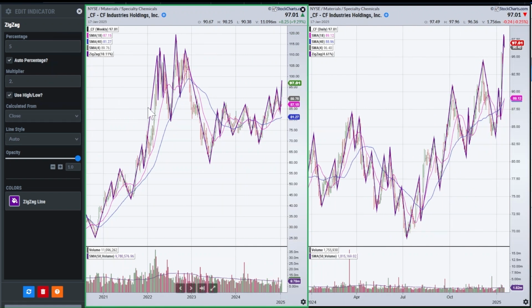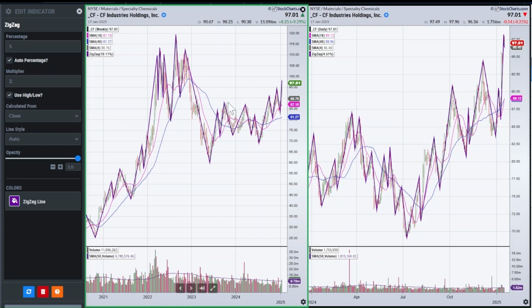I set this up on any program that I use, but the way the zigzag works on StockCharts is probably the best laid out. We want to have it at a 5% auto. Click on it, and make sure this is auto percentage. I use a multiplier of 2. For anyone who's followed Linda Raschke, she uses a 2.5 for this.